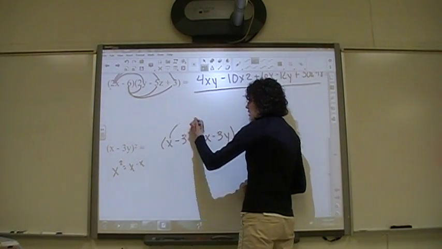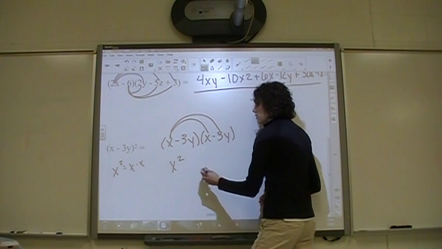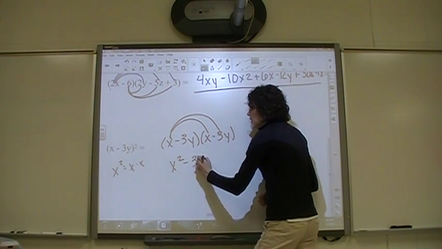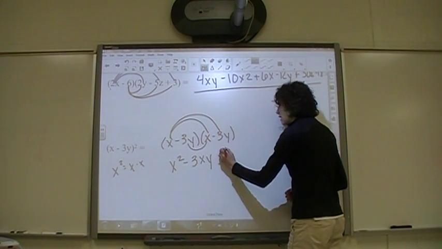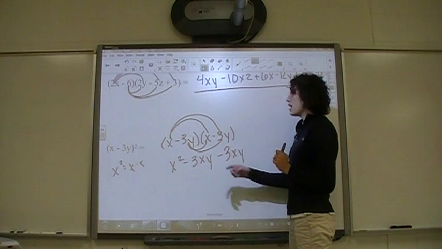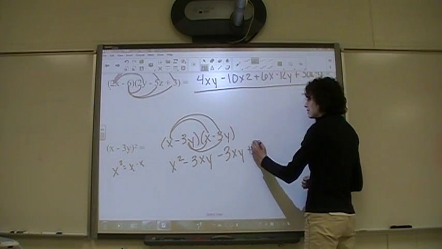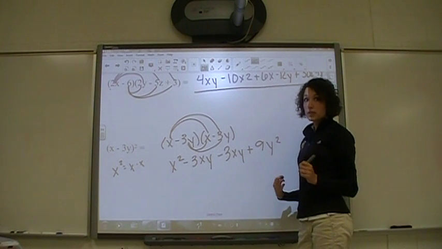So x times x gives me x squared. X times negative 3y gives me negative 3xy. Negative 3y times x gives me negative 3xy. Negative 3y times negative 3y gives me a positive 9y squared. Now combine your two like terms that are in the middle.